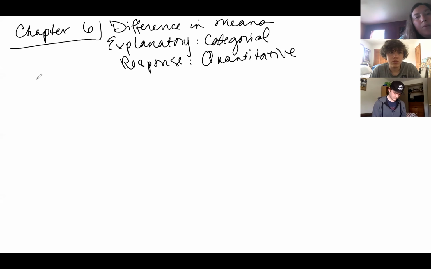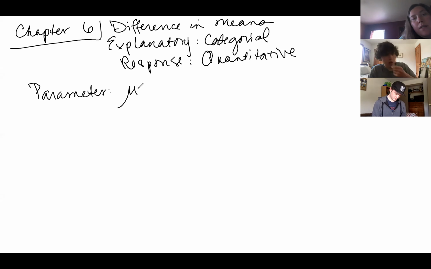Okay, so when we look at our parameter notation, now we're using mu1 minus mu2 because we're looking at means, so our quantitative parameter becomes mu.